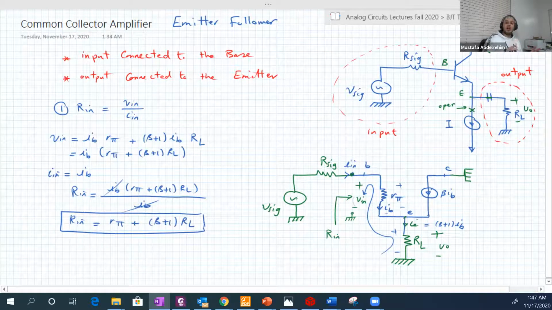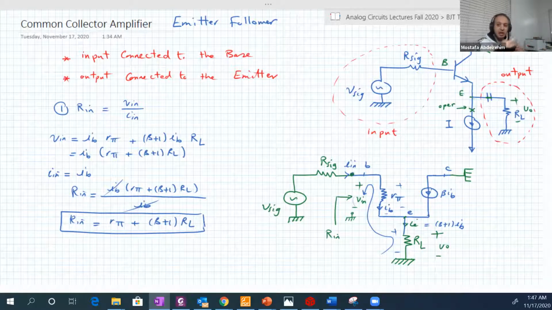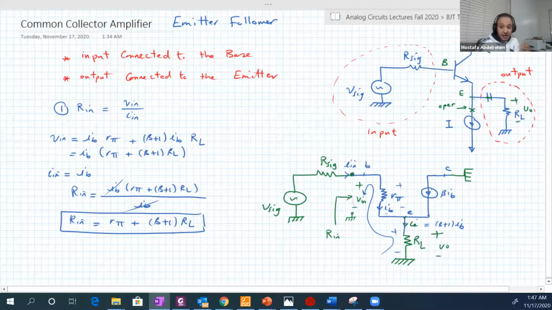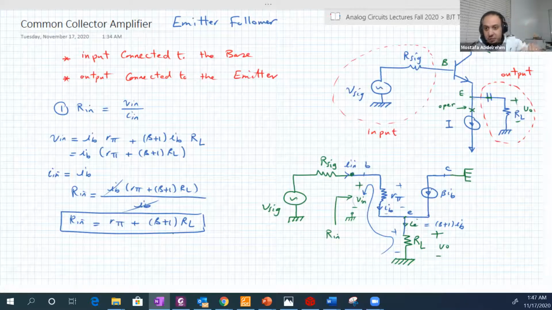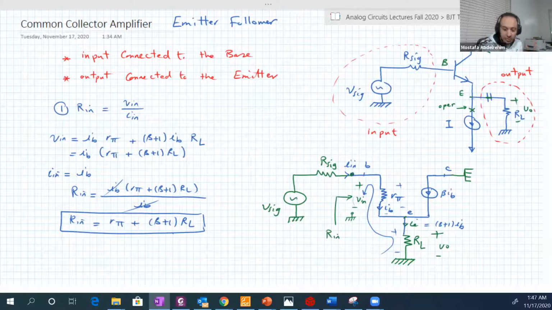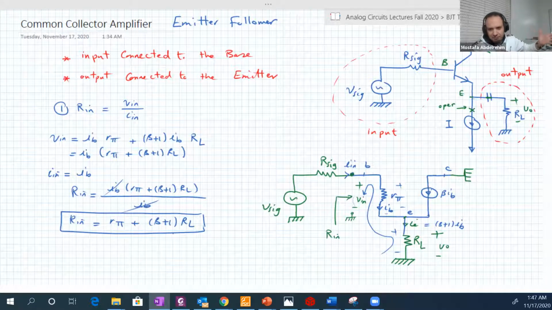We know that R pi is hundreds of ohms to a few kilo ohms. Let's say it's 1 kilo. Beta is usually in hundreds: 100, 150, 200. These are our typical values. And RL, let's say, is 1 kilo ohm.